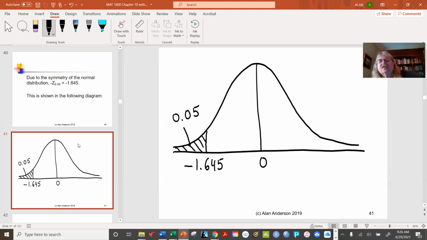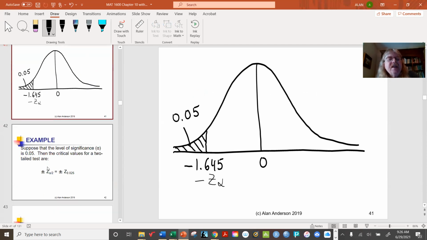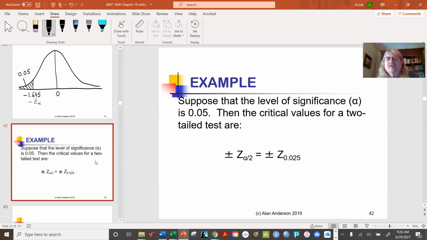You can see, due to the symmetry of the curve, that would be negative z alpha. And then if it's a two-tailed test, this is what we're more familiar with.